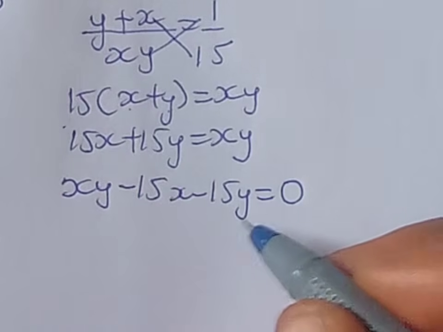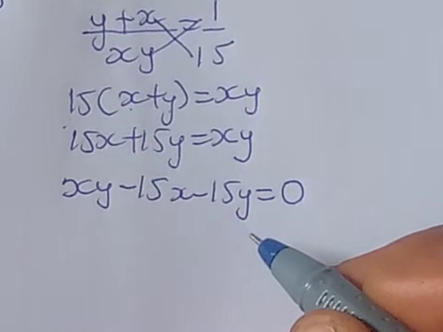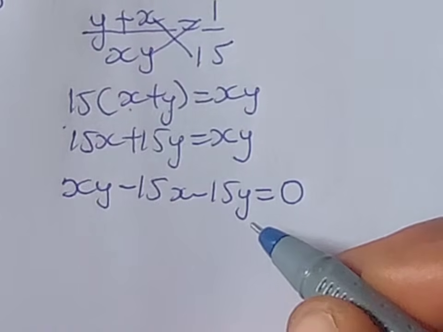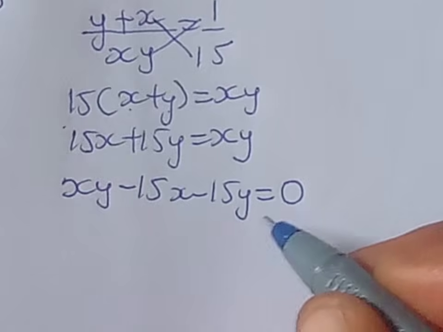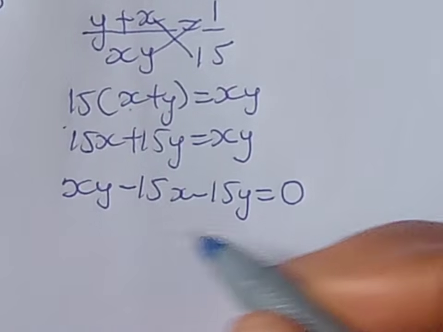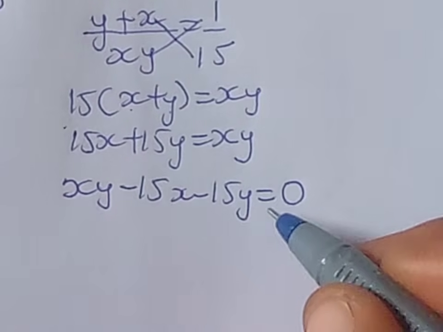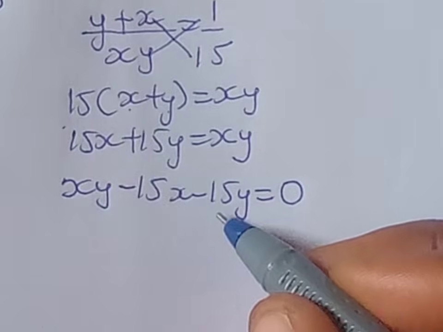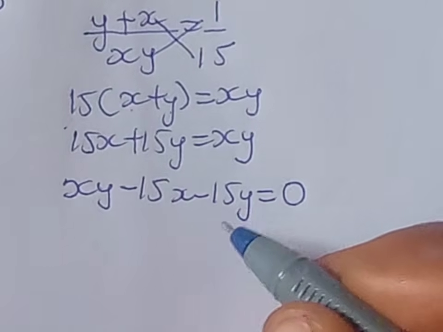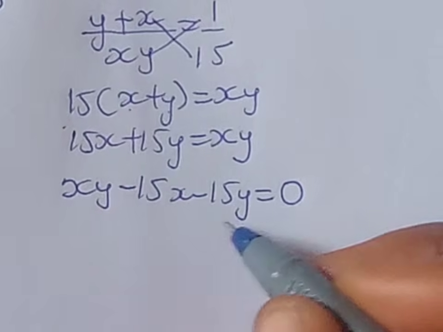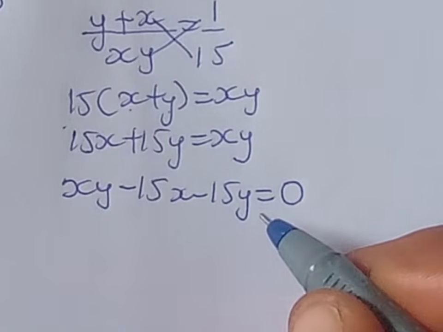We are going to be using Simon's Favorite Factoring Trick by adding 225 to both sides. Why are we adding 225 to both sides? The reason is because 15 times 15 will give us 225. Now let's add 225 to both sides.